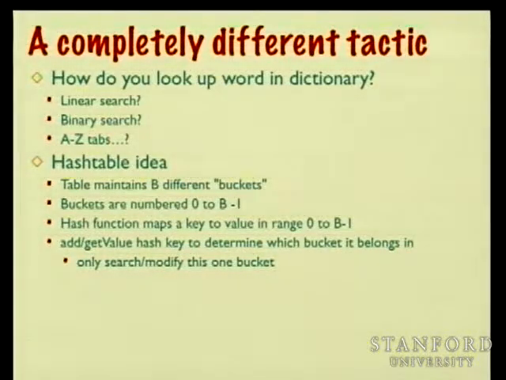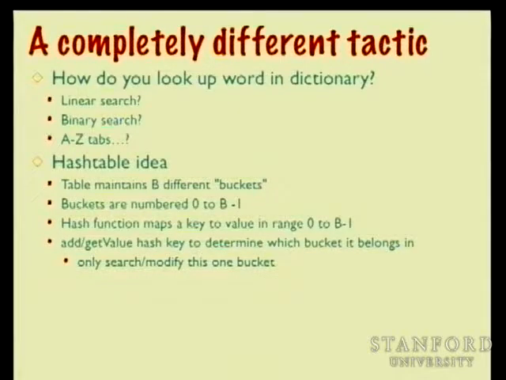I will take the key, and the key in this case is the string key that we're using in the map, and I have a hash function, which given a key as input, produces a number as output in the range 0 to B minus 1. And that is what's called the hash value for that key, and that tells me which bucket to look at, to either find a match if I'm trying to do a get value, or where to place a new entry if I'm trying to add into the table. Okay. So that's the basic idea.